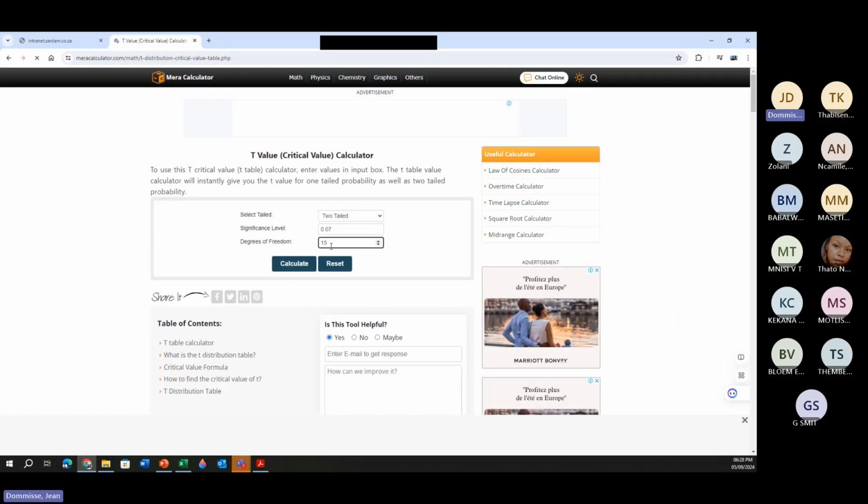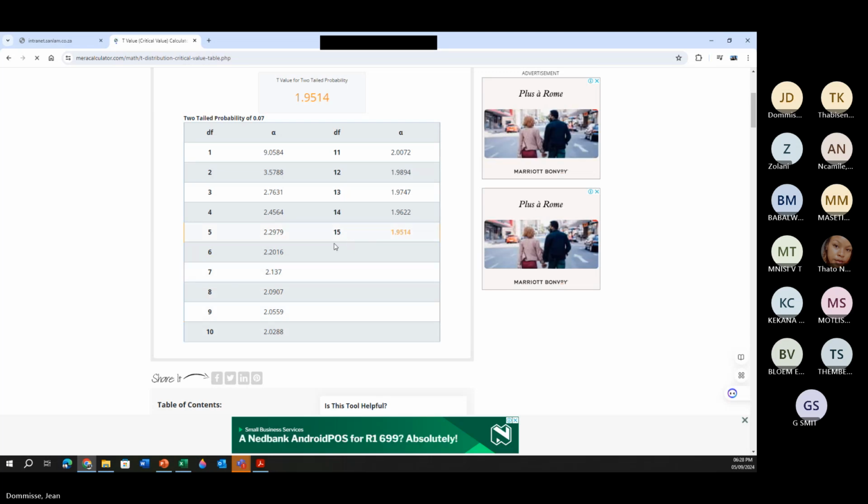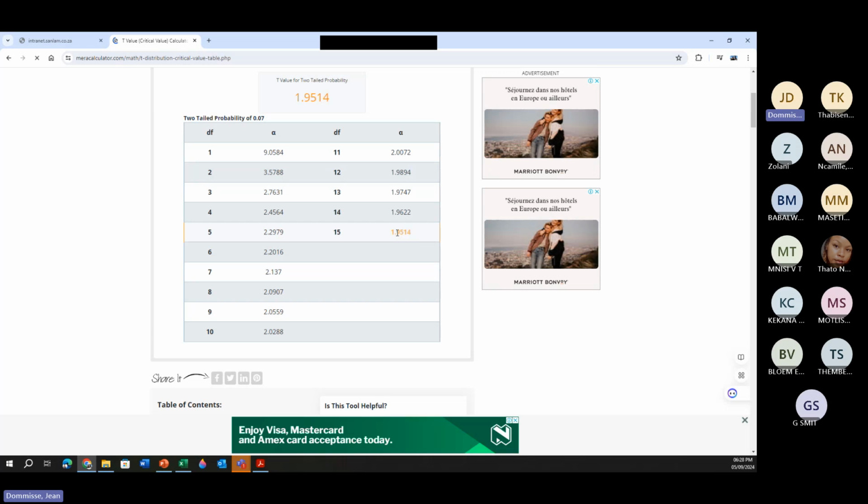Okay, so let's quickly. Okay, so the degrees of freedom, 1.95. Sure. Okay, so that's also not.